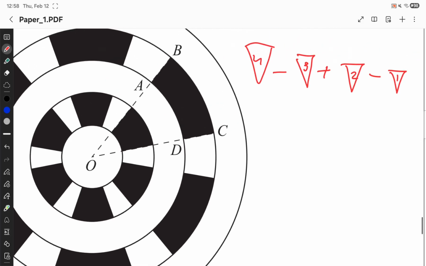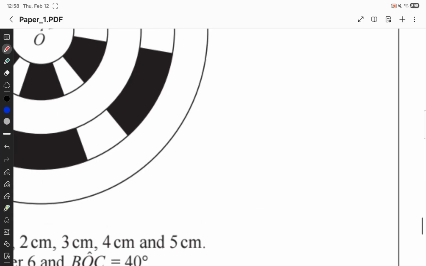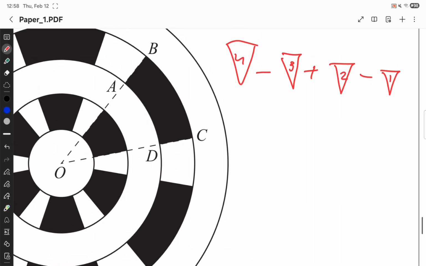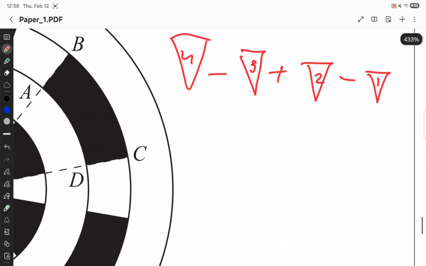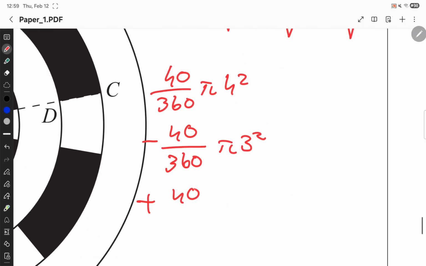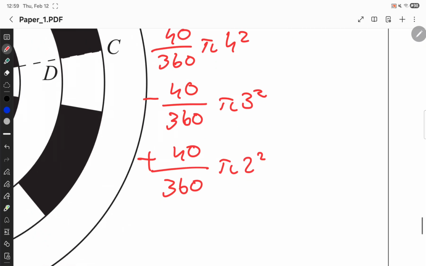So let's go: 40 over 360 pi 4 squared minus 40 over 360 pi 3 squared plus 40 over 360 pi 2 squared minus 40 over 360 pi 1 squared.